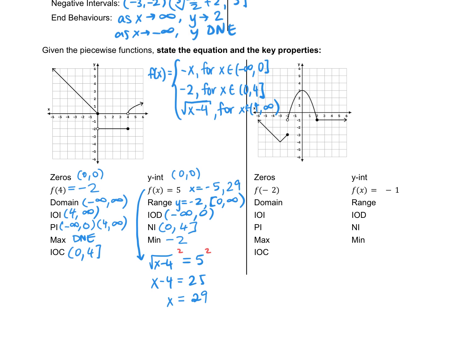And our final example, our piecewise function here is made up of an absolute function, a parabola, and a horizontal line. So let's start off with the equations.